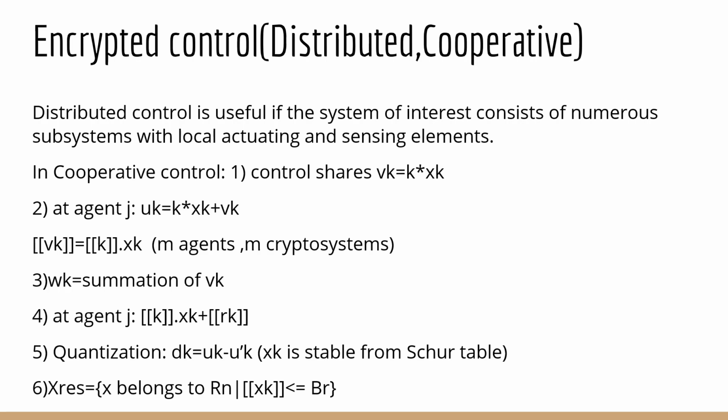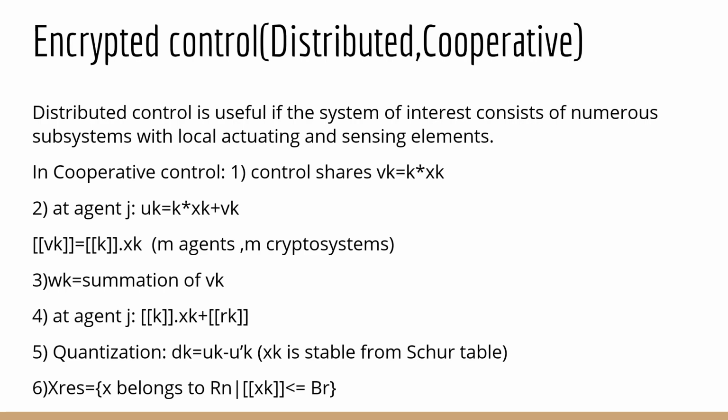At agent j, u of k equals an affine function, which is v of k plus an increment of v of k. This u of k hides the local states from agent i, but agent j can still access K and v. So we do homomorphic multiplication or homomorphic addition, and through computation we get u of k or v of k back again.